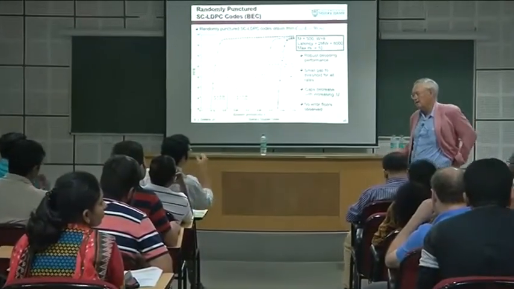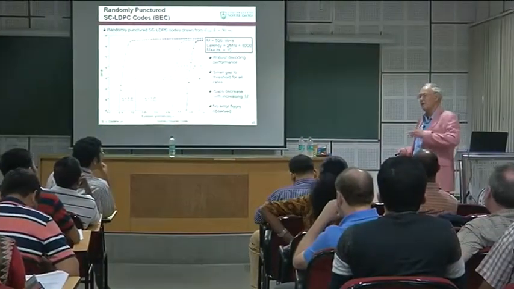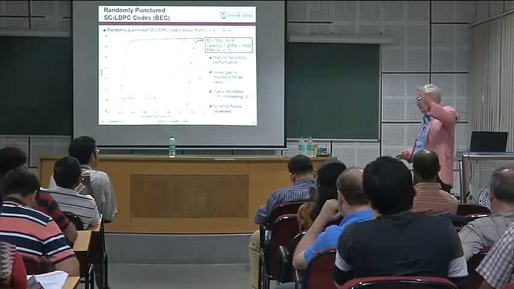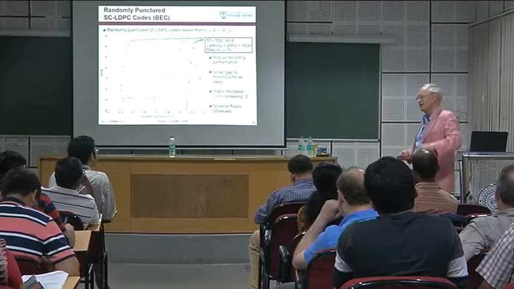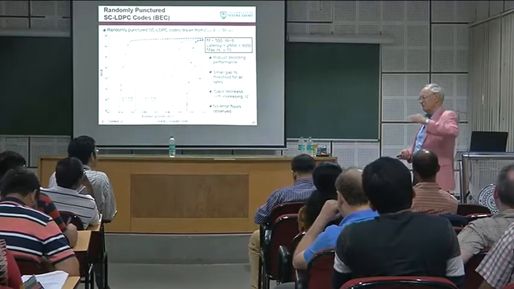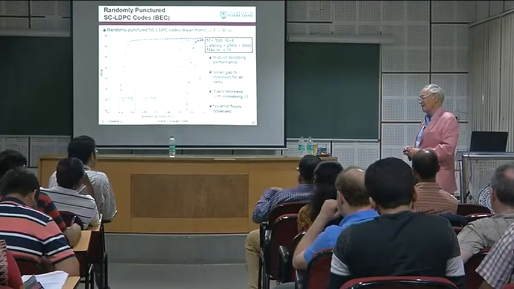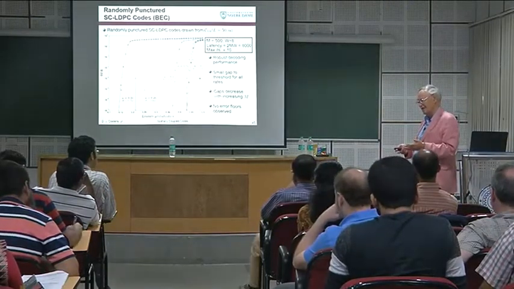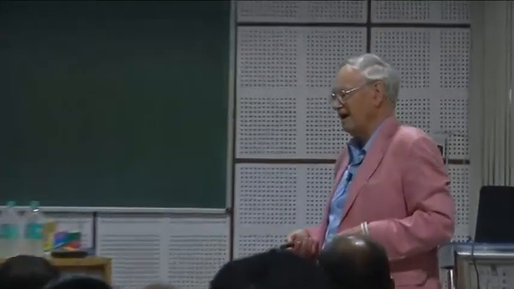Sure, it does affect dmin, but anytime you go from a lower rate to a higher rate, you're going to have smaller minimum distance. If you redesign a fresh code for each rate, the higher rate codes will have a smaller minimum distance. So the question is, does the puncturing hurt you more than you would expect?